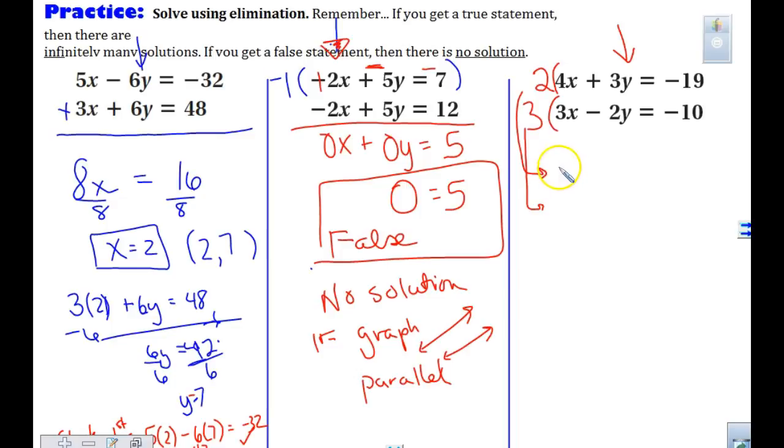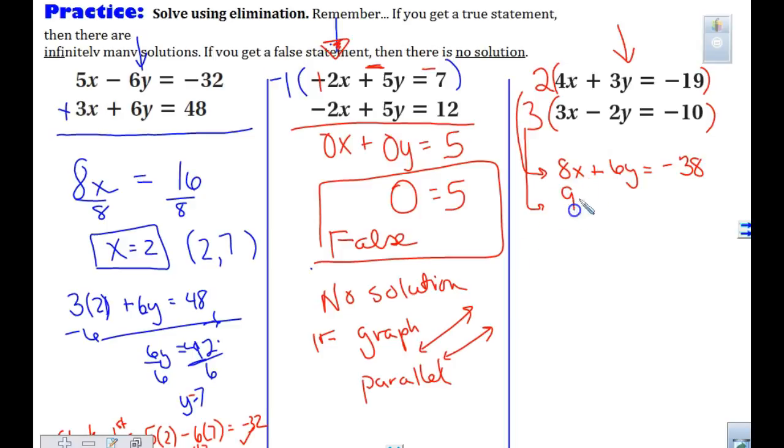So my new first equation would be, and when you're doing this in your homework, my suggestion is that you just go behind it, but we're going to have 8x plus 6y equals a negative 38. Then we're going to take everything times 3. And again, making sure you do every single thing in the equation.